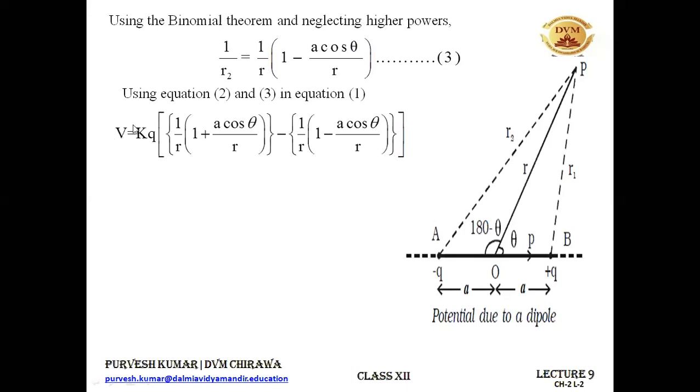The total potential at point P, capital V, is equal to KQ, and in place of 1 upon R1 I have written this expression, and in place of 1 upon R2 I have written the expression that we have obtained in equation number 3. This minus sign is because it was there in equation number 1. This is the value of 1 upon R1, and this is the value of 1 upon R2.